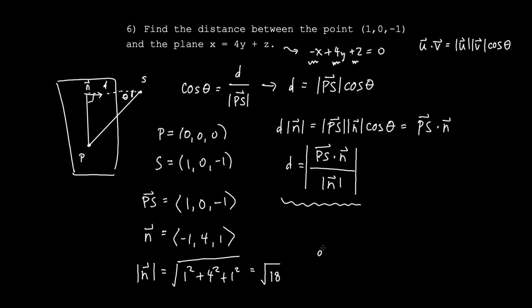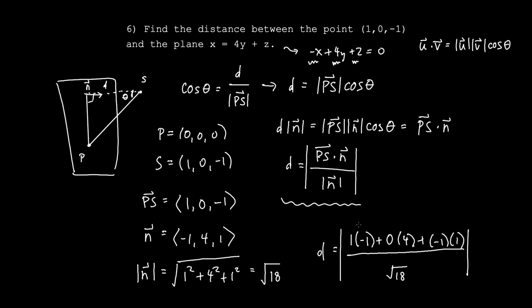Now we plug this into the equation, and we get the distance is equal to the dot product between PS and n, which we can find by doing 1 times negative 1 plus 0 times 4 plus negative 1 times 1, over the magnitude of n, which is the square root of 18, and we're going to take the absolute value of this. Negative 1 times negative 1 is negative 1, 0 times 4 is 0, negative 1 times 1 is negative 1, negative 1 minus 1 is negative 2, and because of the absolute value, that just equates to 2.